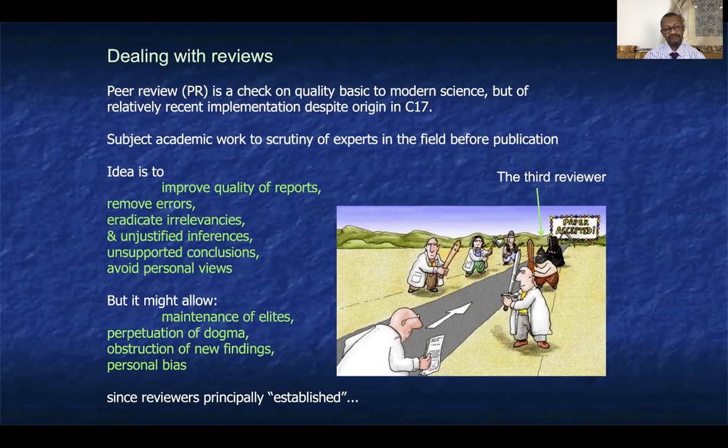The subject is scrutinized by academic peers and experts in the field before publication. It is an idea to improve the quality of the report because it will remove errors, eradicate irrelevancies and unjustified inferences, and also unsupported conclusions, and avoid personal views at the same time.